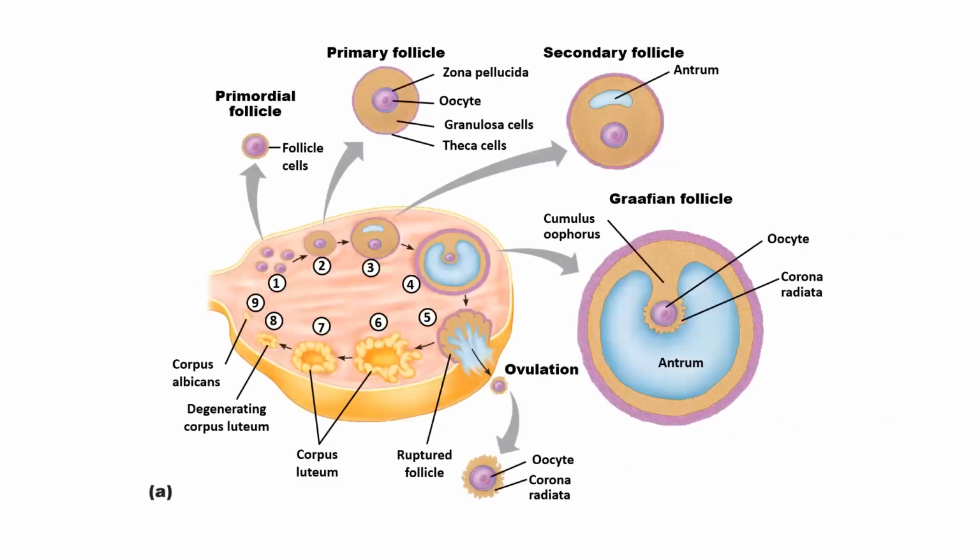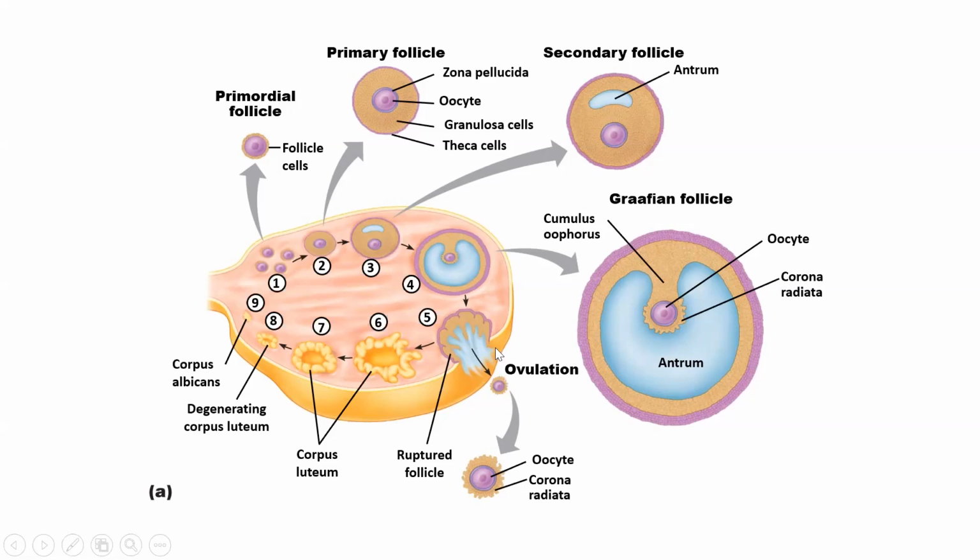So this is showing us the various phases of follicular development. We go from a primordial follicle. You don't have to be too bothered with the various stages here, but do understand that only one of those primordial follicles, and we can see there are many here, will eventually become a mature Graafian follicle and will ovulate at the end of that 14-day period.